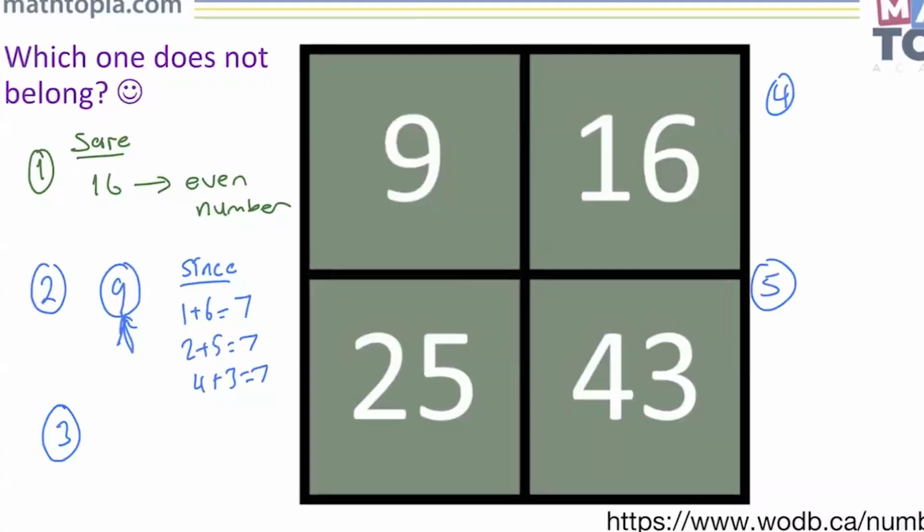That's why I like the Which One Doesn't Belong number talk, because there is no one way to think. You can apply multiple math concepts and ideas. So we were talking about odd numbers, even numbers. We were talking about adding digits.